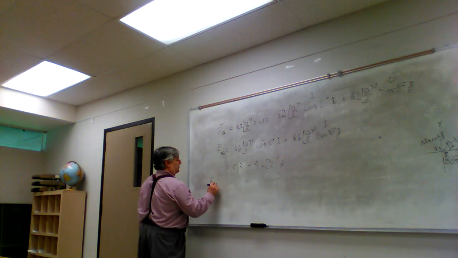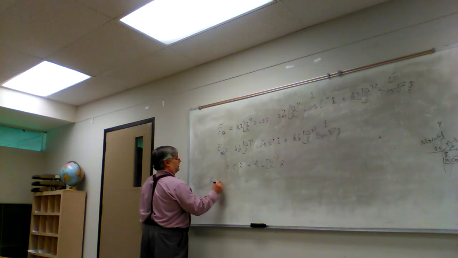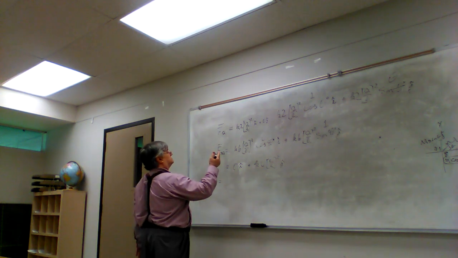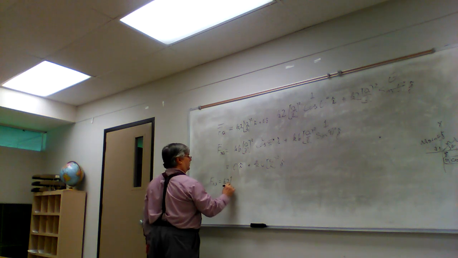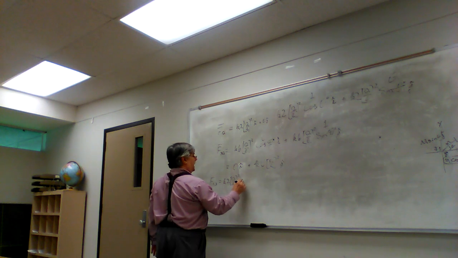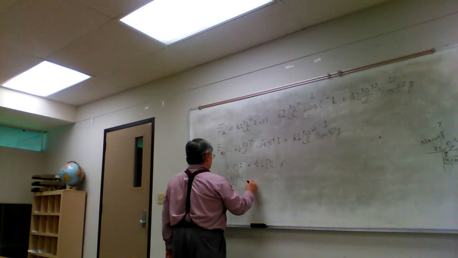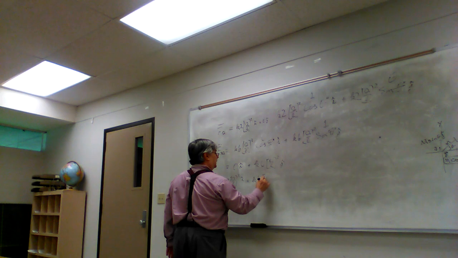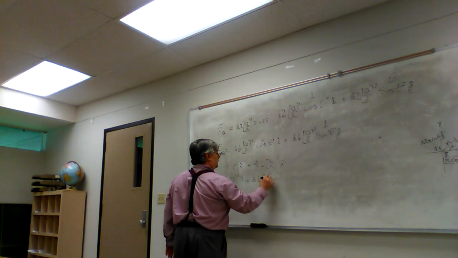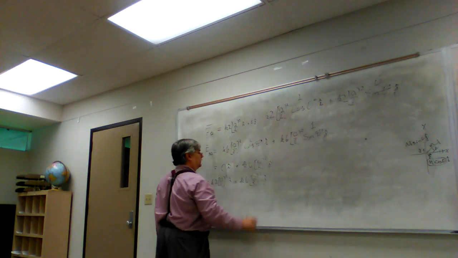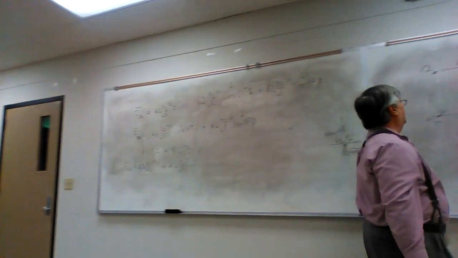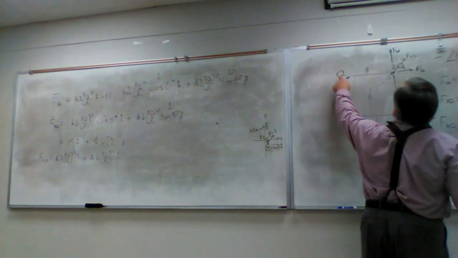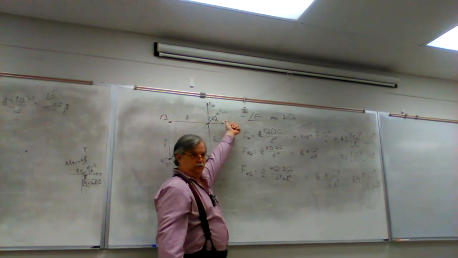F of 1 and 3 together will be K2Q over L squared I plus K6Q over L squared times J. That's the combined sum of 3Q and 1Q pushing on 2Q.